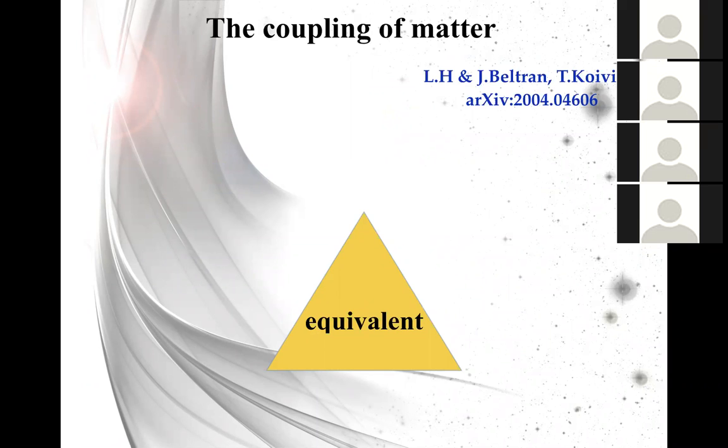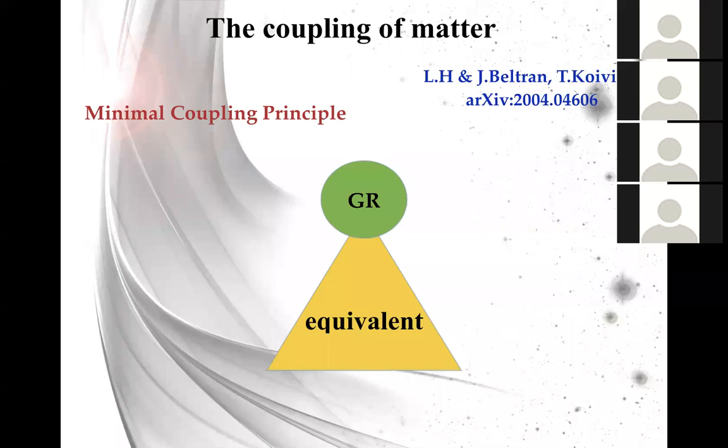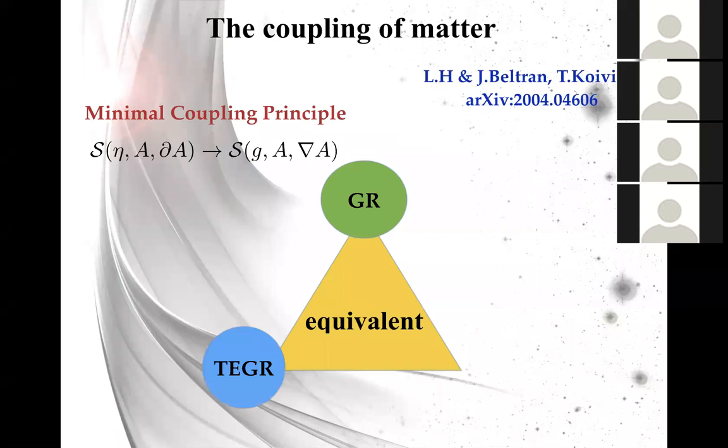So as you might know, the very construction of general relativity, a la Einstein, relies on the minimal coupling principle. So the minimal coupling principle is a fundamental principle. So if you have some fields, they are just minimally coupled to gravity in the sense that they only couple to the metric or the determinant of the metric, but never to the derivatives of the metric. Now, imagine you try to apply this minimal coupling principle to the other formulation.